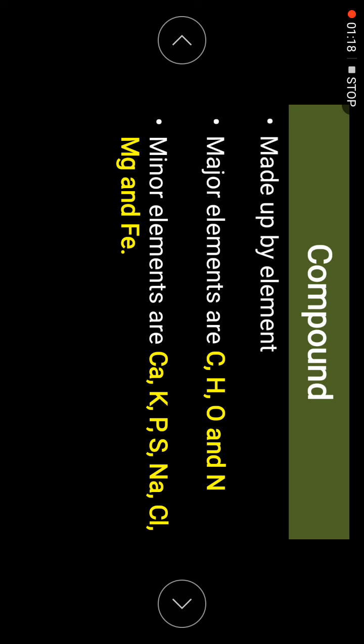And also we have some other elements that are also found, which is calcium, potassium, phosphorus, sulfur, sodium, chloride, magnesium, and iron.